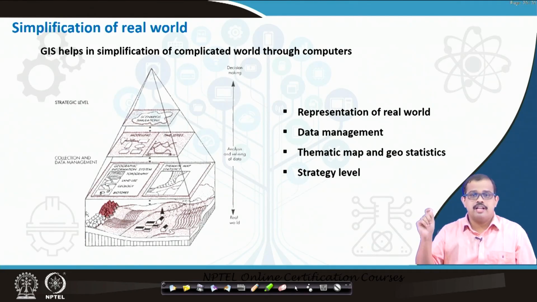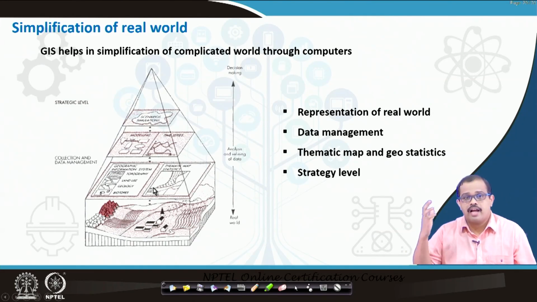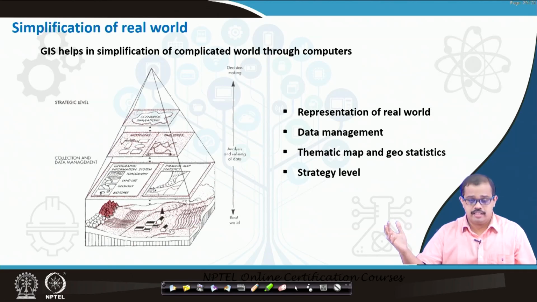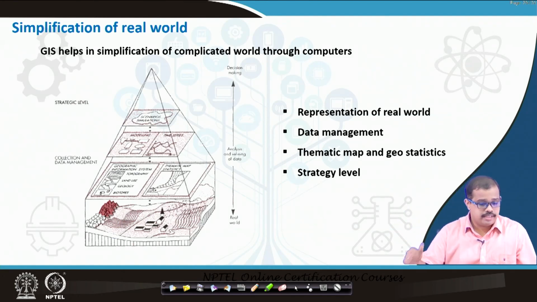So GIS actually simplifies the real world just as maps. You can create the real world in terms of maps. Look at the maps, you understand the real world. One very important thing is it can handle data management in a very good way. Thematic maps, geostatistics can be easily done with all of these layers. Strategic level assessment can be easily done.